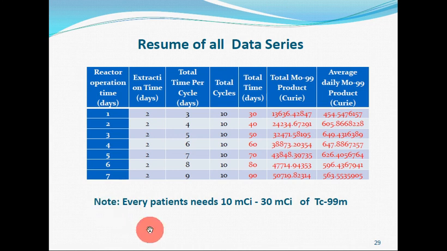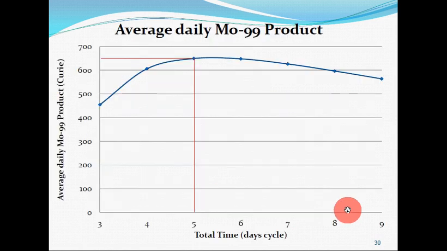For a note, every patient needs 10 millicurie until 30 millicurie of technetium 99m. The average daily molybdenum 99 product we see in the chart right here, starting from 3 days per cycle until 9 days.